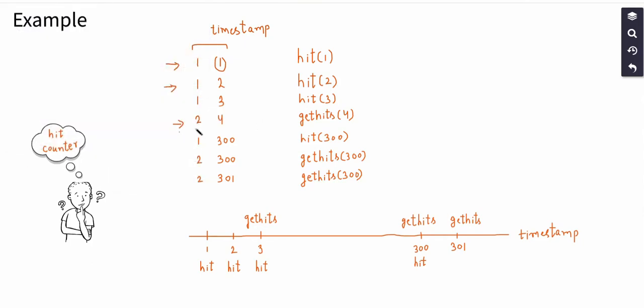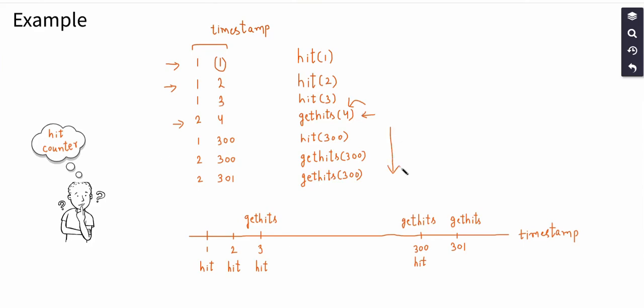Then we encounter our second type 2 query where the second integer is 4, and here what we are saying is give me the number of hits in the last 5 minutes till timestamp 4. So that's why I'm calling this function getHits, which simply gives me the number of hits in the last 5 minutes till timestamp 4. So here I'm passing the timestamp in the argument, and so on.